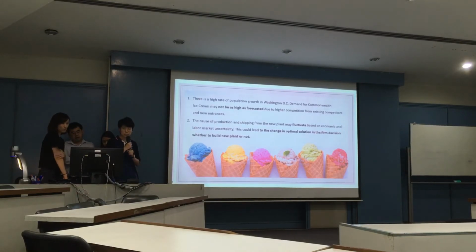The second aspect is the cost of production and shipping. Right now we calculate based on the assumption that shipping and production cost is stable, but in reality there could be some fluctuation due to the change in economy or any other external factors.